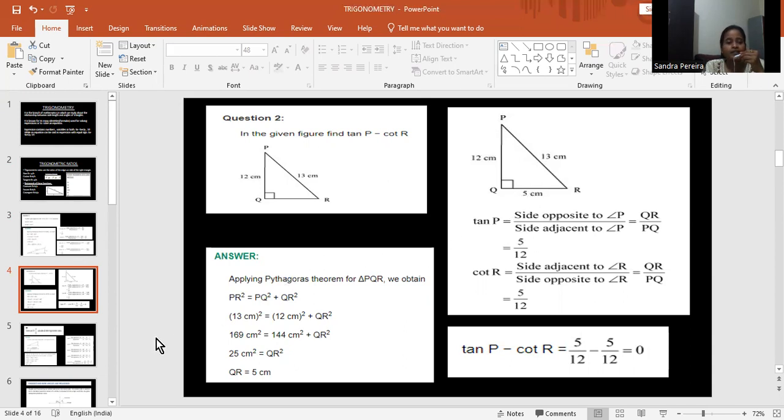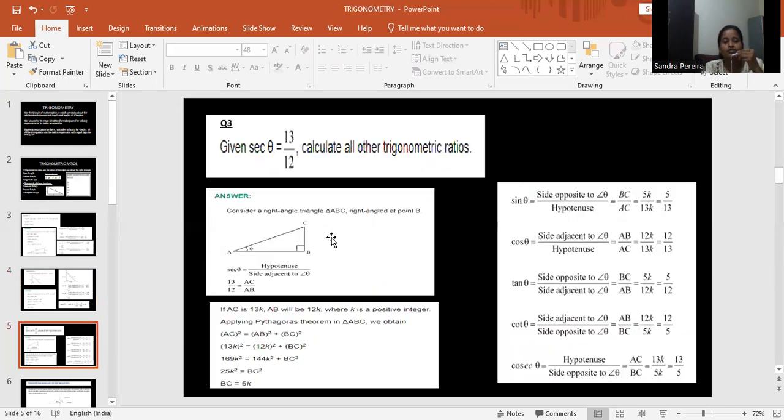Okay, one more question I will solve so that everything will be clear for you. Here it is given sec theta is 13 by 12. Calculate all other trigonometric ratios. We know that sec theta is the reciprocal of cos theta.